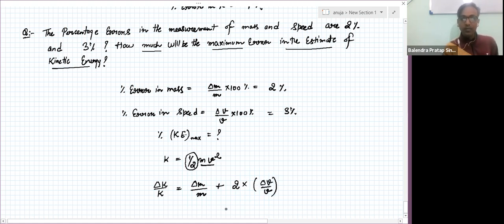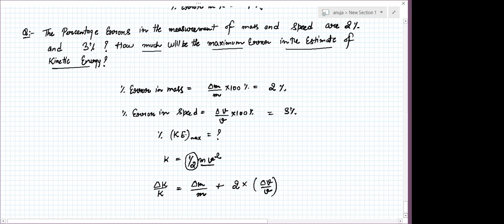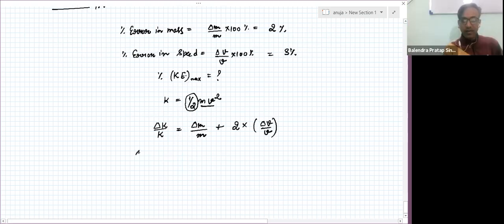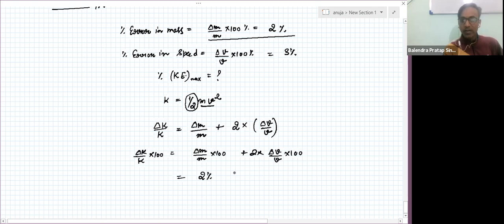Yes, sir, clear. So now the percentage error, delta K by K into 100, is equal to delta m by m into 100 plus 2 into delta v by v into 100. The value of delta m by m into 100 is given as 2%, so here is 2% plus 2 into 3%, the value of delta v upon v into 100 being 3%.